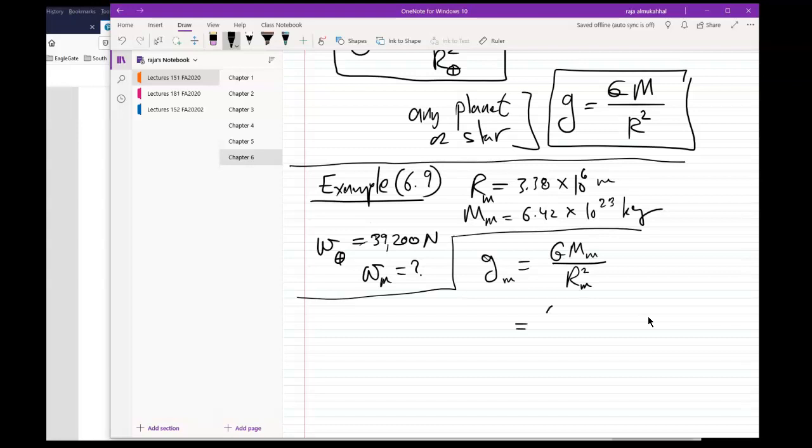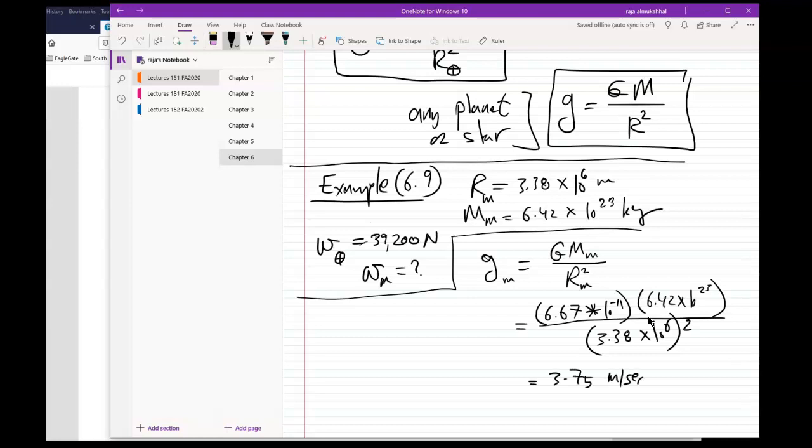Plug it in: 6.67 times 10 to the negative 11 times the mass of Mars, 6.42 times 10 to the 23rd, divided by 3.38 times 10 to the 6 quantity squared. It's going to be less than Earth because the mass is less. When I calculate that, I get 3.75 meter per second squared. That's the G value on Mars.